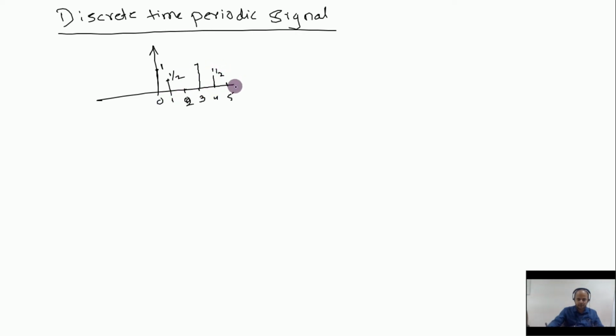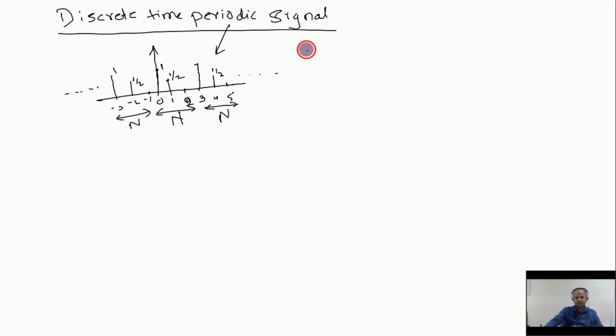This is half, this is 0, and the same thing continues. Here also at -1, -2, -3 it is 0, half, and 1. So it continues. You can see that after some interval, let me call it capital N, the signal shape remains the same. Then this is called a periodic signal.